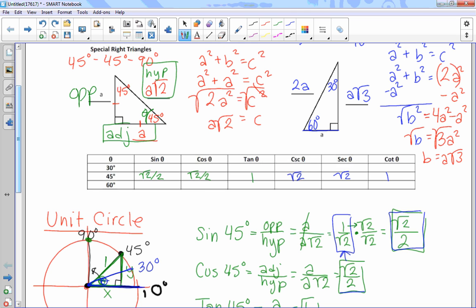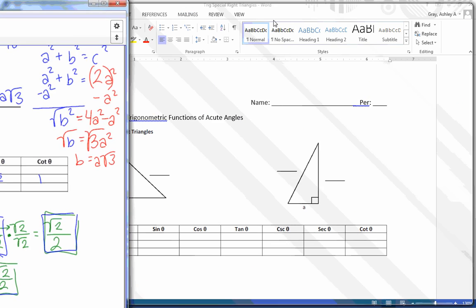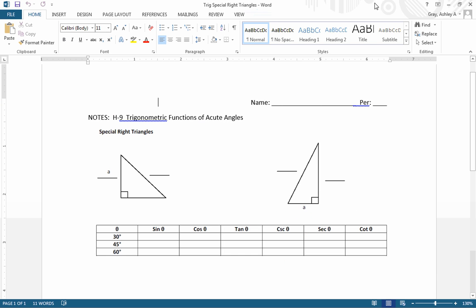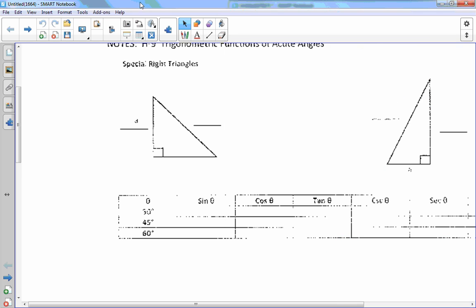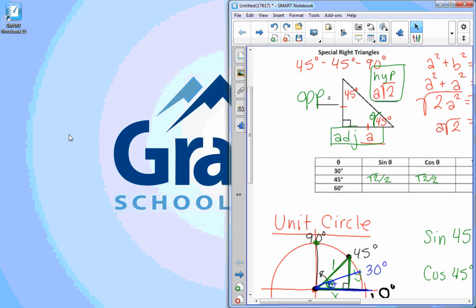I wonder, I don't know if I can do this, because I'm not going to be able to see both at the same time. Ooh, I know what I can do. Oh, it does not let me do that on double screen. Make one a half screen. Hold on, I'm going to try something.